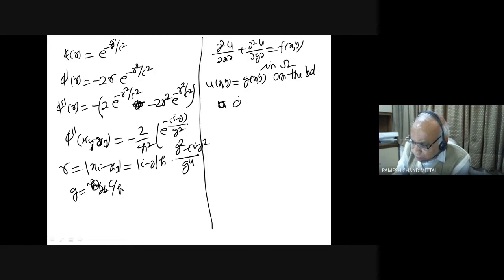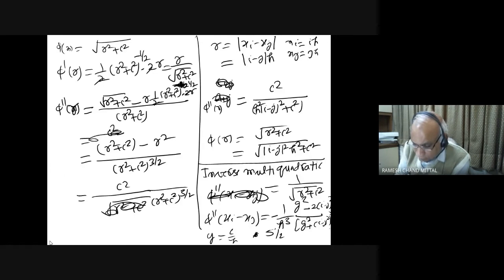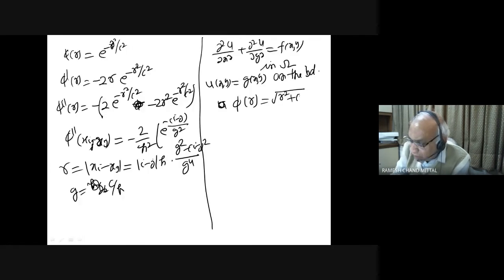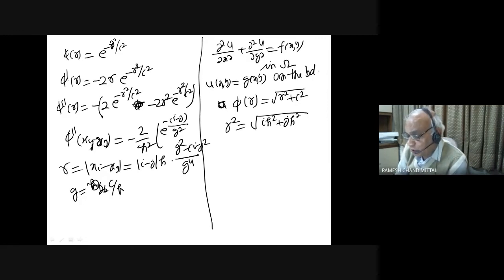I write my phi function in terms of r, which in the case of the multiquadric function is the square root of r squared plus c squared. So I write it the same way, but now the definition of r squared is changing. My r squared will now be the square root of h1 squared plus h2 squared. This is my r from 0.